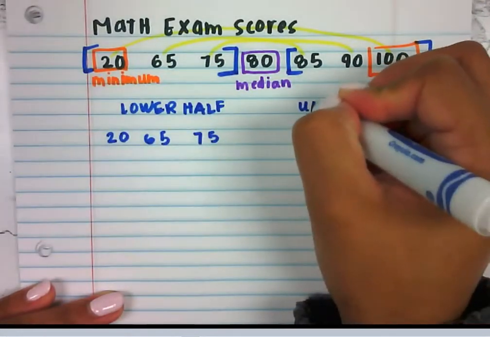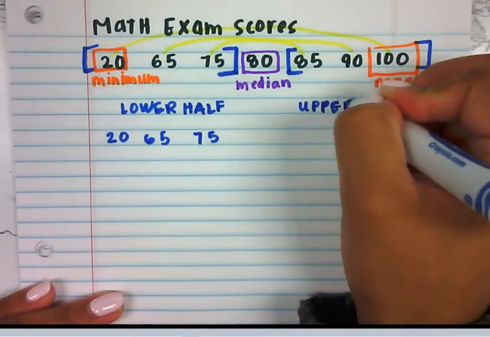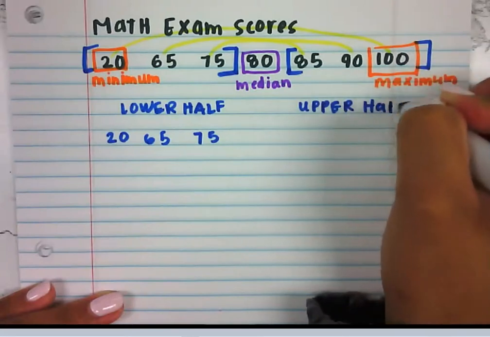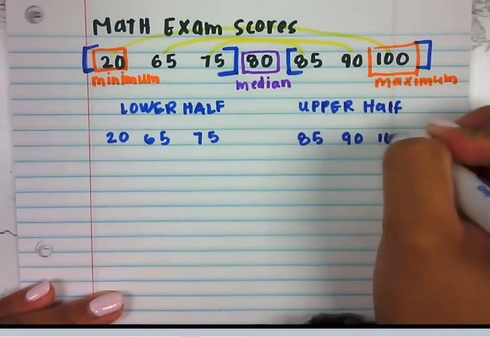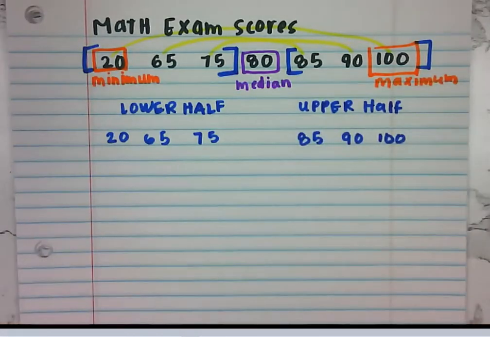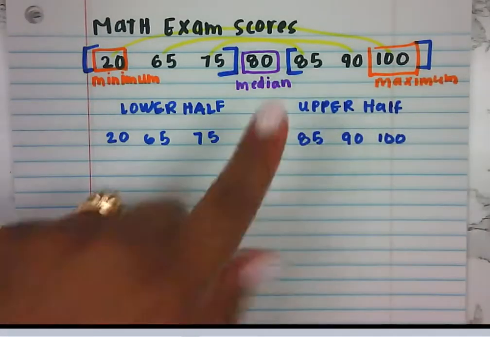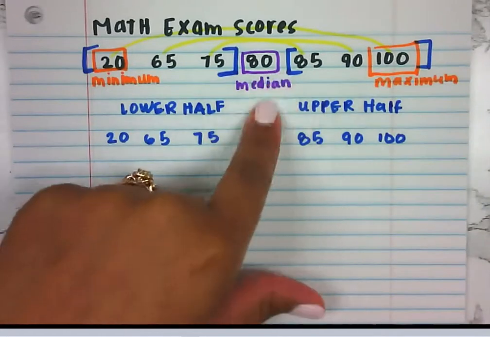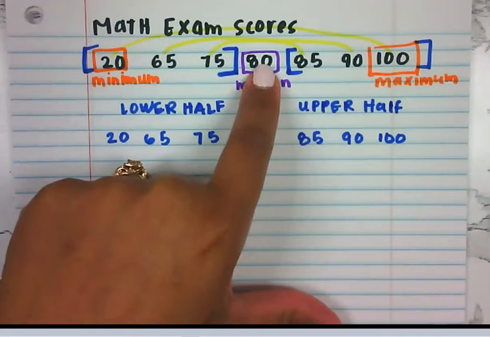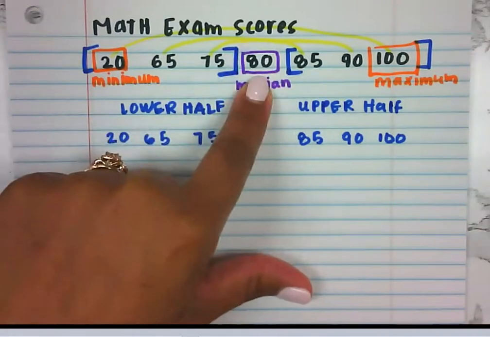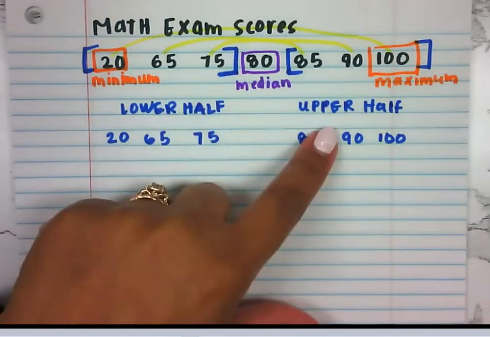And then our upper half is going to include 85, 90, 100. Notice I did not include the median. Because the middle is the median, this number here, I've put a box around it. I'm not going to include it in my lower and upper.